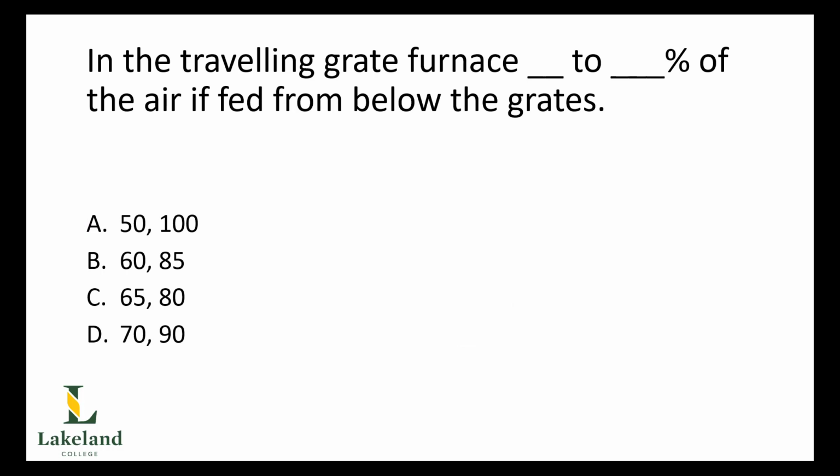Next one. In the travelling grate furnace, something to something percent of the air is fed from below the grates. Is this 50 to 100, 60 to 85, 65 to 80, 70 to 90? So typical question, this is memorising our fact or figure. Hopefully you remember it is 60 to 85. So answer B for that one.